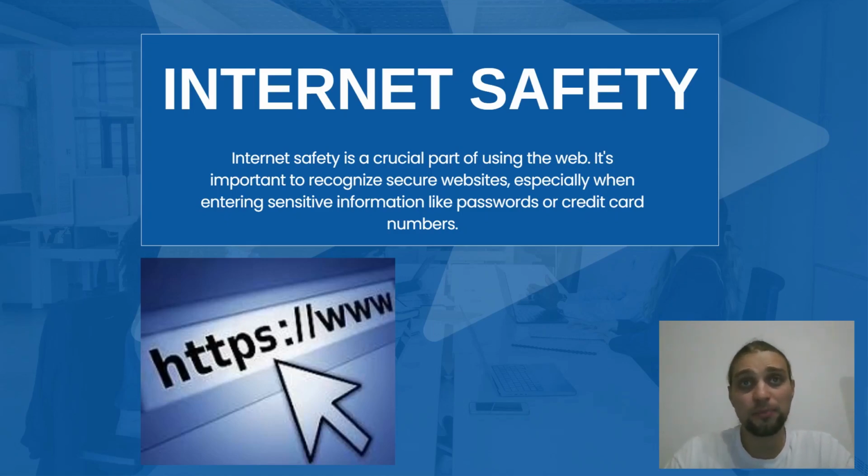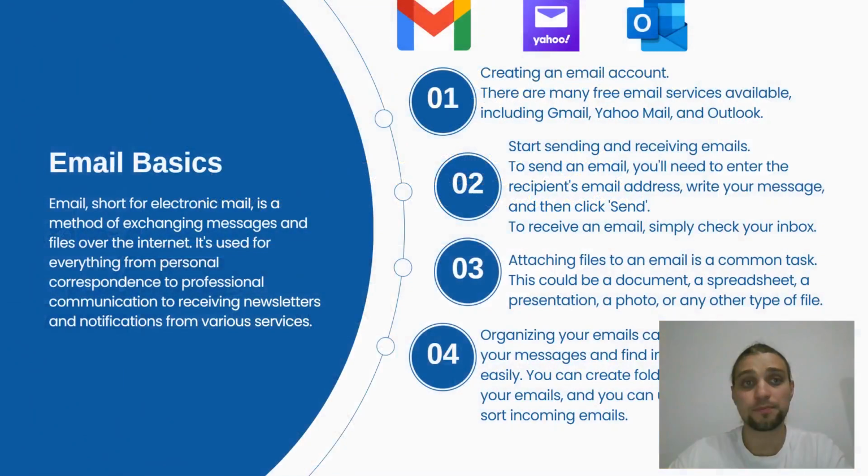Avoid clicking on suspicious links or downloading files from untrusted sources, as these can lead to phishing scams. And always use strong, unique passwords for your online accounts. By mastering these basic internet browsing skills, you'll be able to use the web safely and effectively.